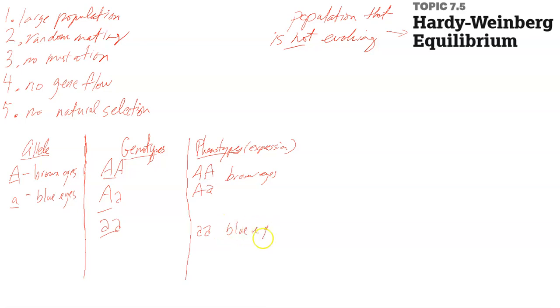Now this is probably all very basic to you. This is probably stuff you remember, but I do want you to recall how this basic system works, because when you're working a Hardy-Weinberg problem, this is what you're going to have to think of. So we're going to use different variables in Hardy-Weinberg to represent these alleles. Little p and little q.